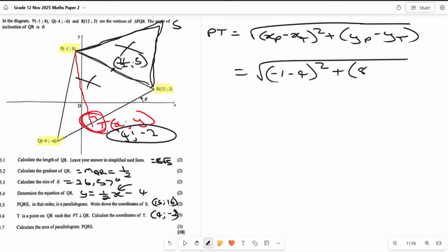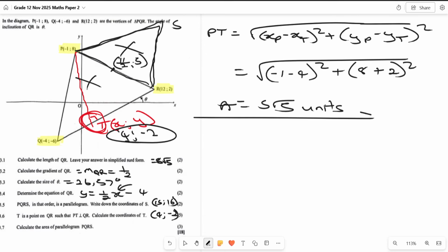What do we have there? -2, so it'll be +2, square that. And right now, let's see, what do we have? -5 squared plus 10, close that, squared. Our answer is going to be 5 square roots of 5. That is the value of PT, not PP, PT. So that is going to be units.